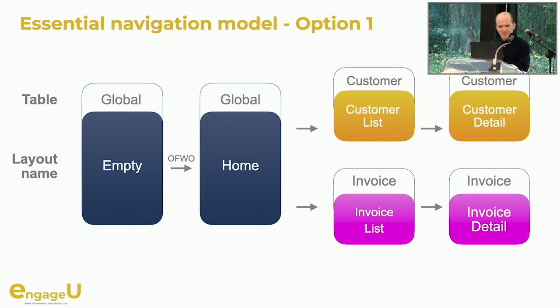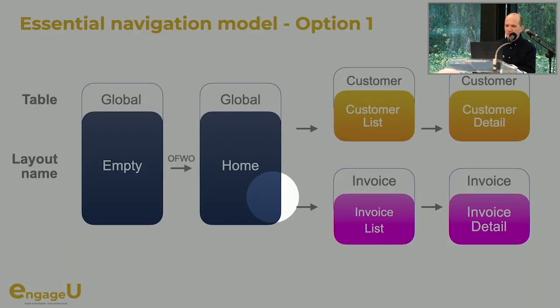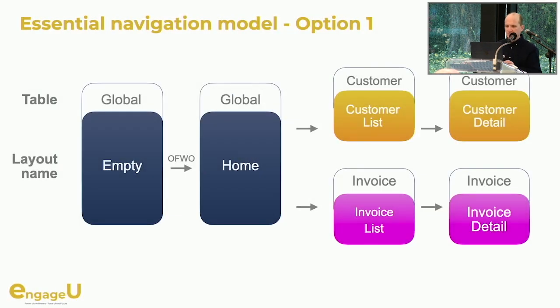So I always have a table called Global with an empty layout which has nothing. That's because I call it a low impact table, because no data will be transferred from the server to the user. We don't need to be here in the customer table or whatever. So then from here, we go to a list view, and then finally we go to the detail view here.